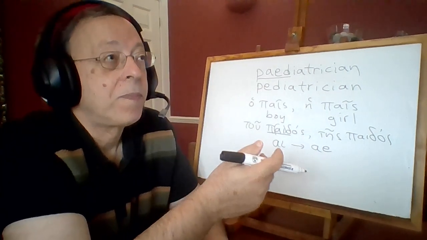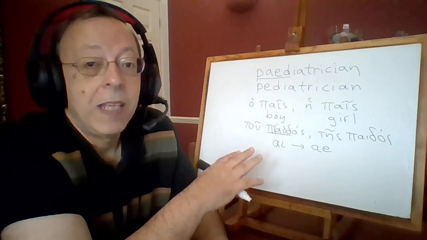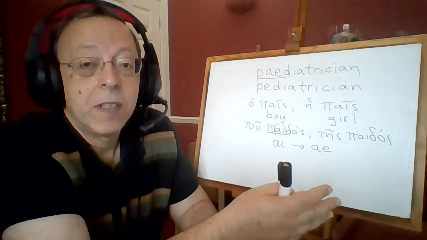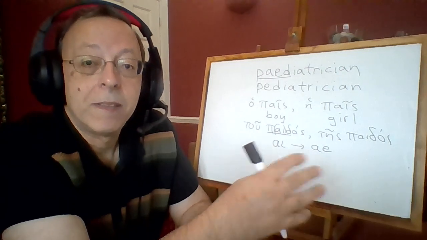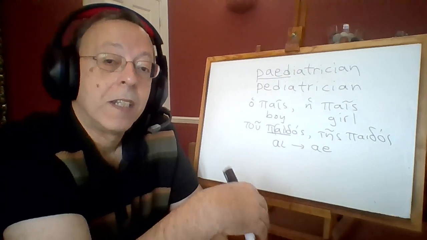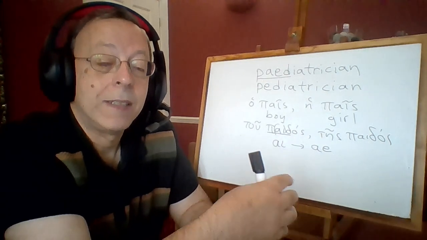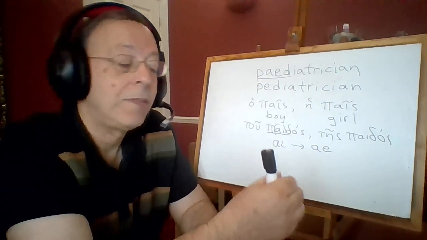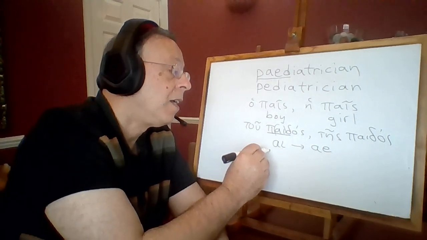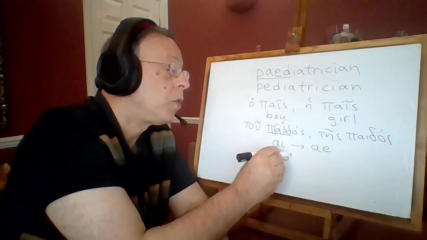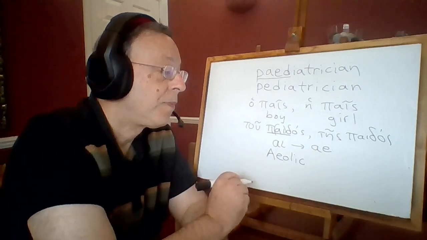For example, the Latin language, according to the Roman scholars, comes mostly from the Aeolic ancient dialect. And that was spelled like that.